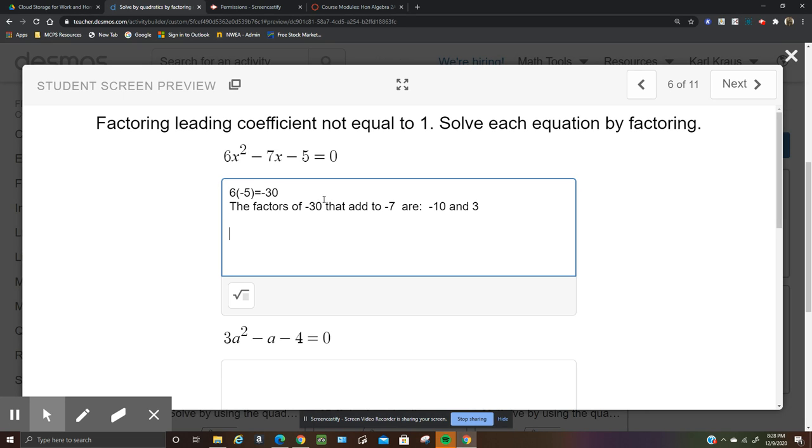I'm going to take those two numbers and divide by 6. So negative 10 divided by 6, and 3 divided by 6.